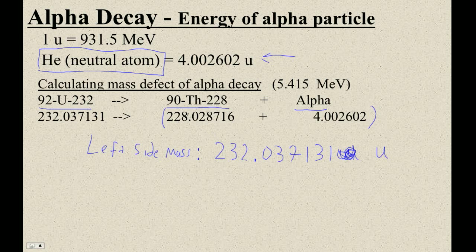228.028716 plus 4.002602. Okay, and then the right side mass.